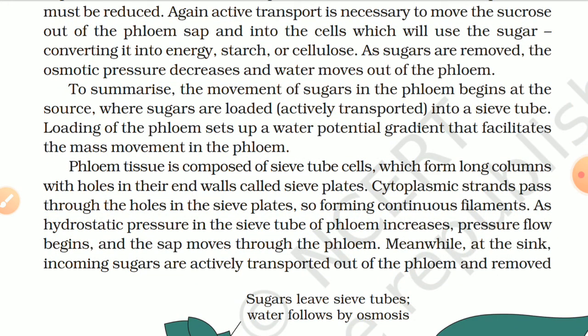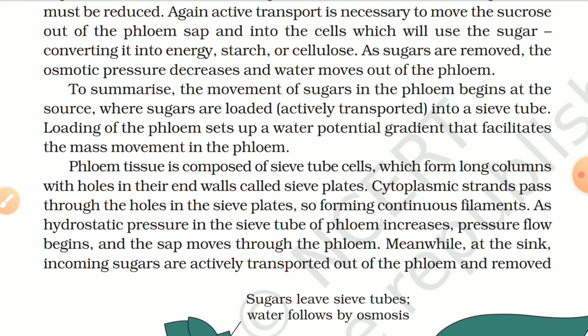To summarize, the movement of sugars in the phloem begins at the source where sugars are loaded, actively transported into the sieve tubes. Loading of the phloem sets up a water potential gradient that facilitates the mass movement in the phloem. Phloem tissue is composed of sieve tube cells which form long columns with holes in their end walls called sieve plates.